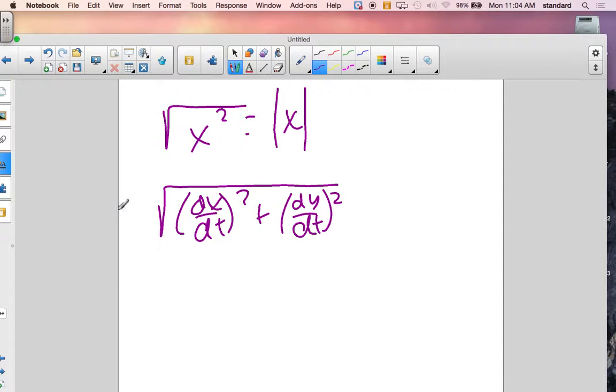You square root it, it's sort of going back to the absolute value of velocity, which is speed. So I'm a little nervous to write this up here. This isn't going to be velocity, it's going to be the absolute value of velocity, which we've defined for a while as speed. But if your components are separate, that's how you do it.